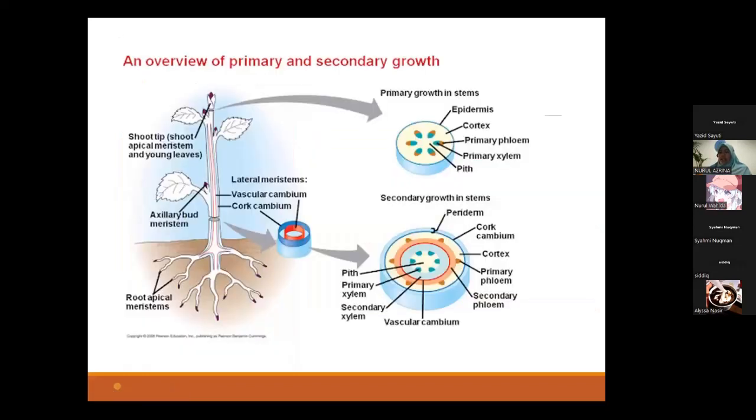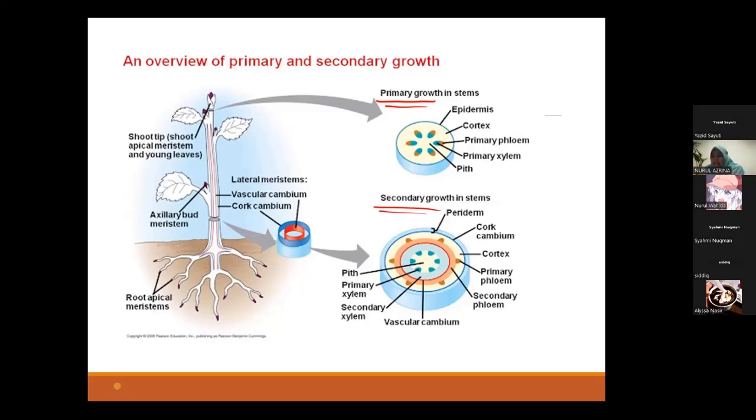All right, so you can see here, this is showing you primary growth and secondary growth. Nampak tak beza dia kat situ? Kalau secondary growth, you can see dia akan makin lebar. Kalau primary growth, dia akan lebih kepada pemanjangan.